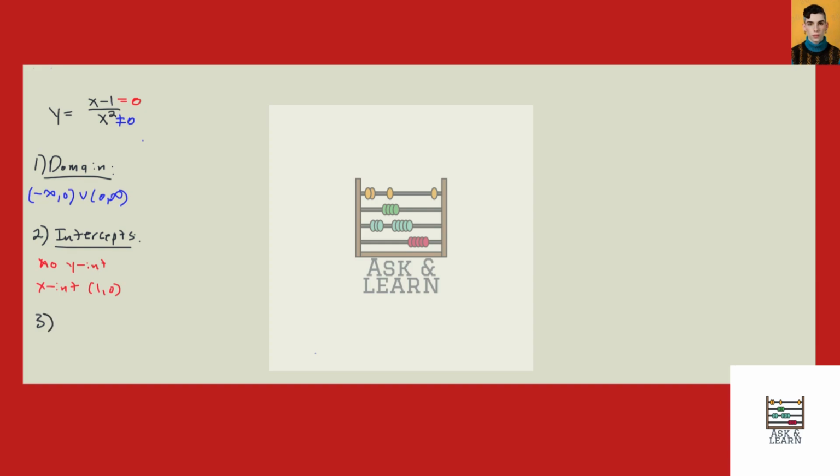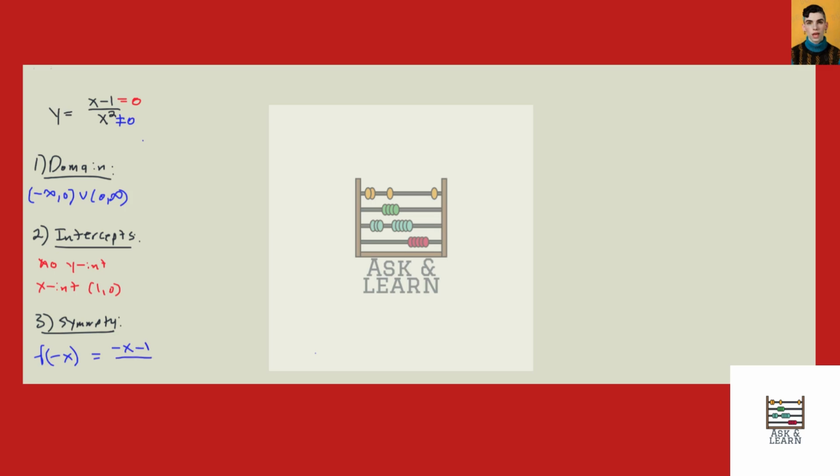Next, we want to determine if our function has any kind of symmetry. Rational functions are normally not known for being periodic, so we can skip checking that. But we can check to see if it is even or odd. We plug in negative x into y and see what we get out.